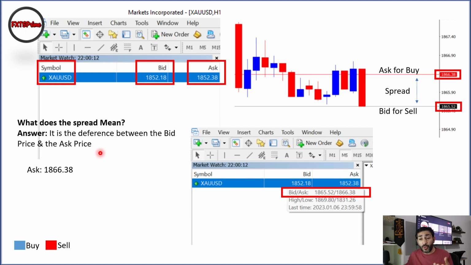If I want to explain this properly, my ask price here is 1866.38, and my bid price here is 1865.52. If I calculate the difference here, I will come up with a total difference of 86 pips.